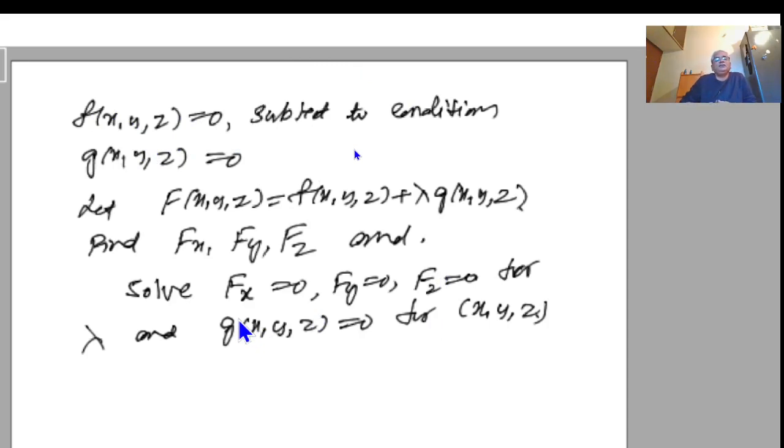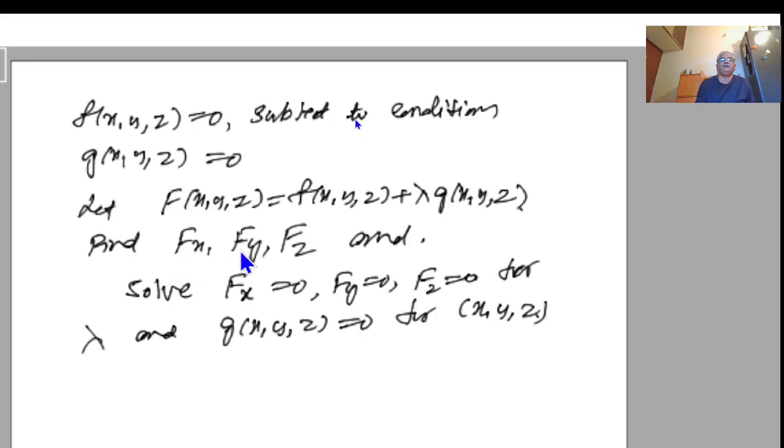So the method is to find the stationary value of the given function. If the question is to find the stationary value of f x y z subject to a condition g of x y z equal to 0, first write capital F of x y z equal to small f x y z plus lambda into g x y z. Differentiate this equation partially with respect to x, y, and z.